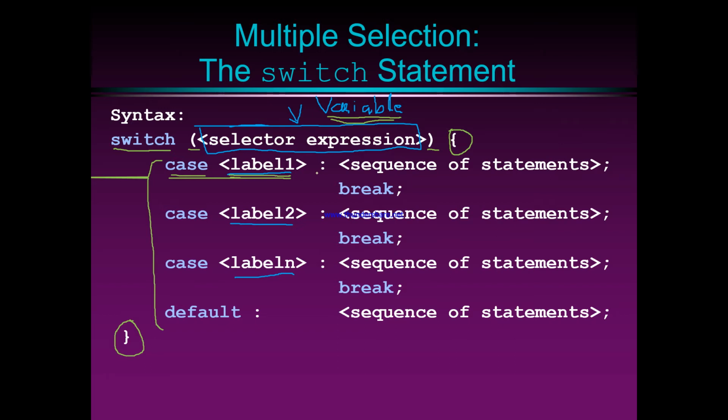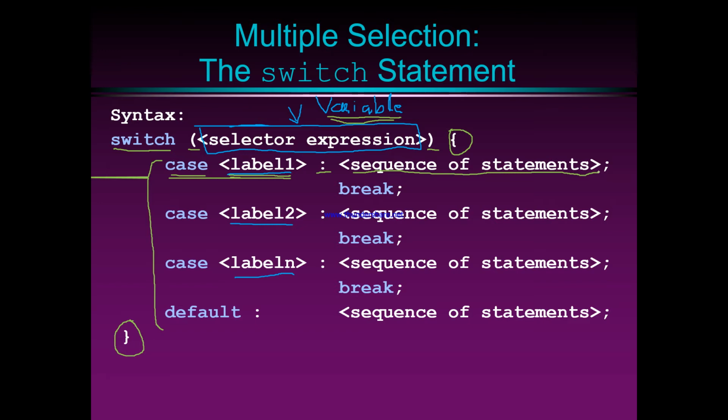But remember to introduce the colon. Colon is the syntax to introduce the case. Case, space, label, and then colon, and then you can introduce the C++ statements, the business logic that you want to implement.